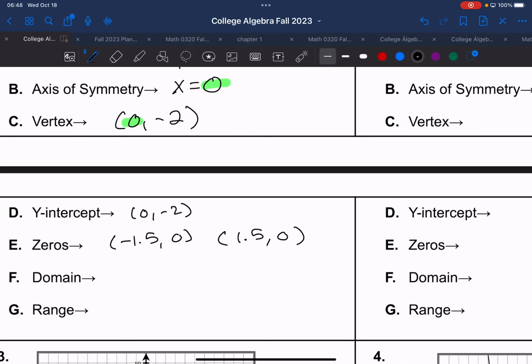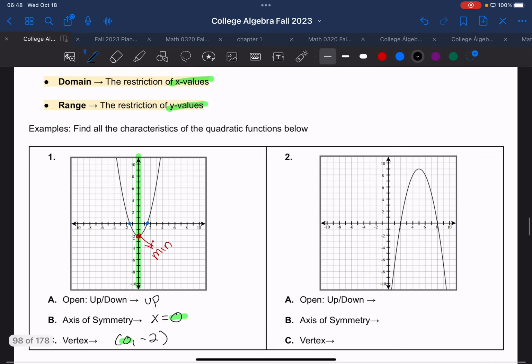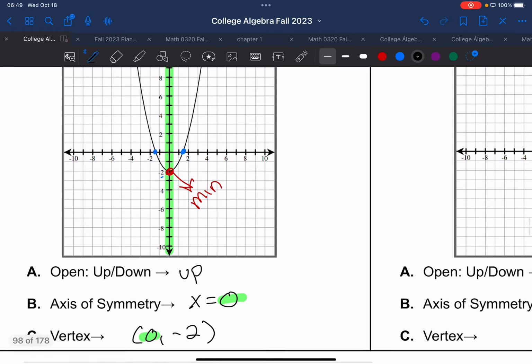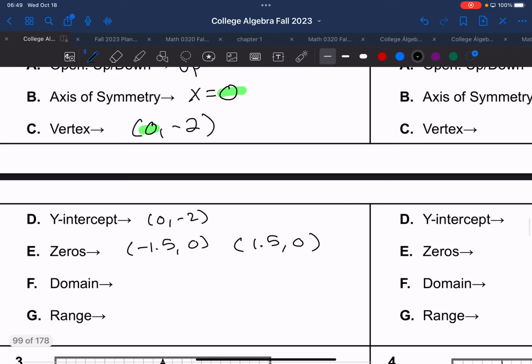Now it's asking for the domain and range. So when we are learning about quadratic functions, unless there are restrictions on the graph, what do we mean by restrictions? It stops at an open or closed dot. So unless we see those, the domain of a quadratic function is always all real numbers. So -infinity to +infinity.